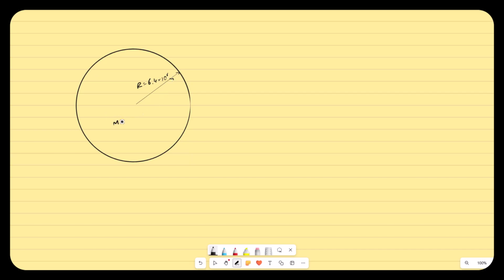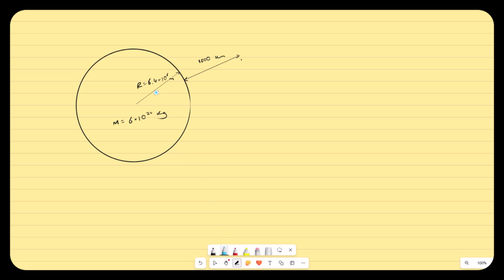We'll give this thing a mass of 6 times 10 to the 24th kilograms. And maybe I want to know the potential energy when I am 1,000 kilometers off the surface. So I'm going to find a spot here and say I am 1,000 kilometers off the surface. Let me find my potential energy.